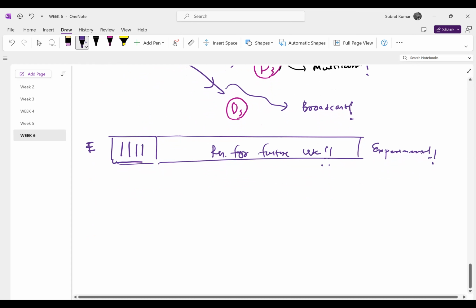So if you have any doubt on anything that I have discussed just now, you can unmute yourself or just tell me what it is. If you have any doubt, you can ask. Because if you have seen the questions in the assignment, I just answered two of the questions.